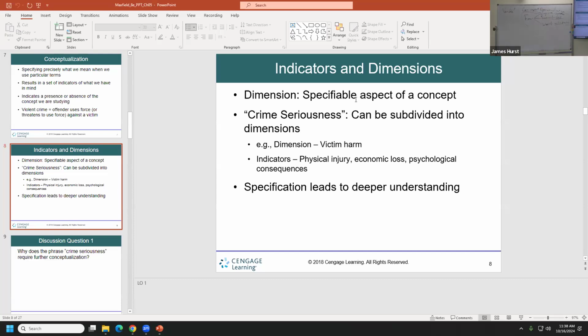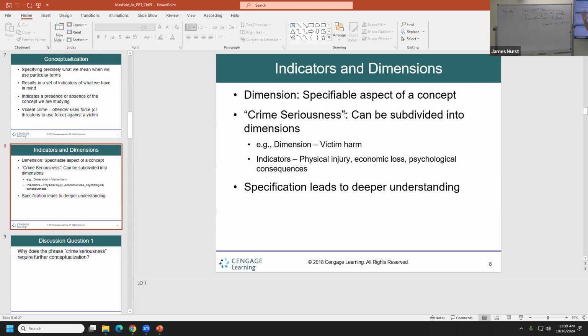All right. So here, there are all kinds of ways you can do this. I mentioned dimensions. You can also look at it sort of like typologies too. Crime seriousness, okay? How the different ways can be serious. Victim harm, that kind of thing. There's a whole bunch of ways you can break it off. Fear, like you got three right here.